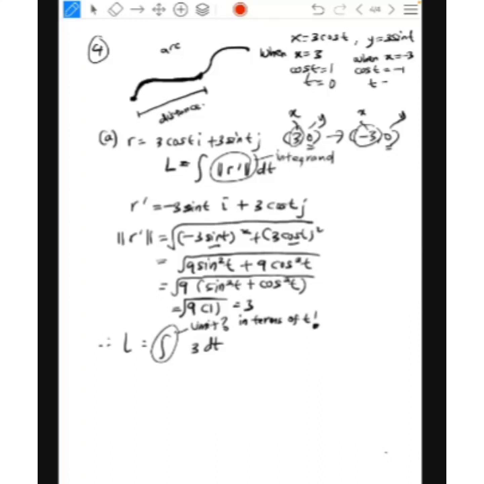Use your calculator to find the arc cos of negative 1, which gives you the value of pi. So t is from 0 until pi. Do you understand how to find the value of t? You don't just simply take 3 and negative 3. You have to find the roots of t.